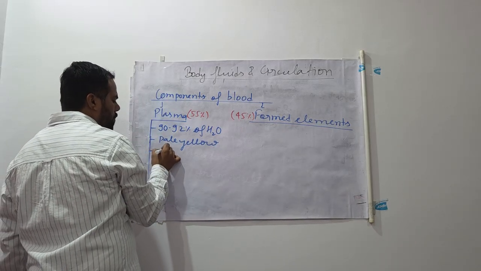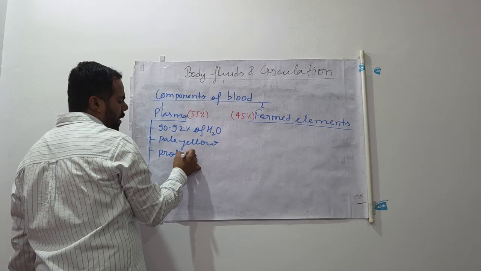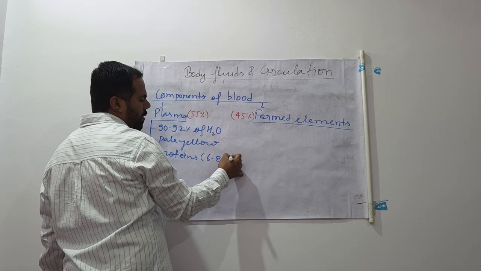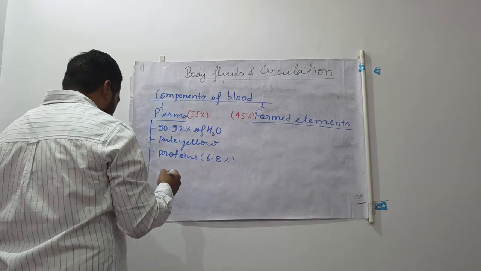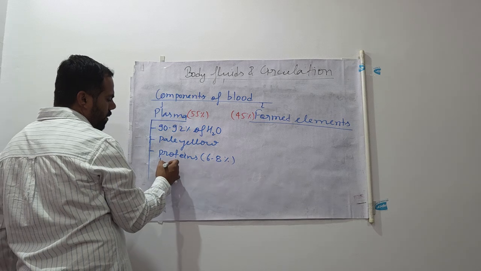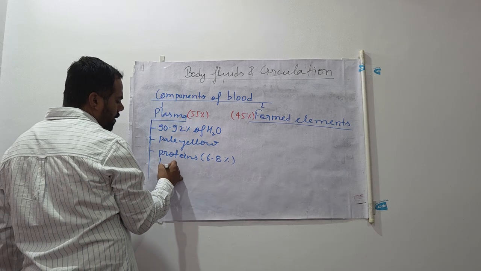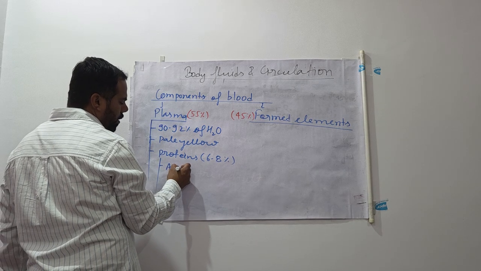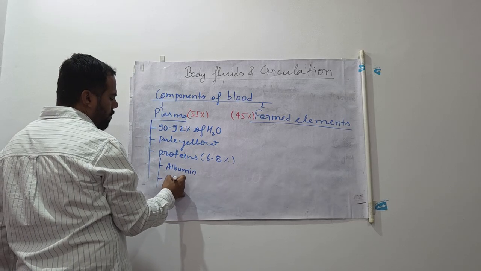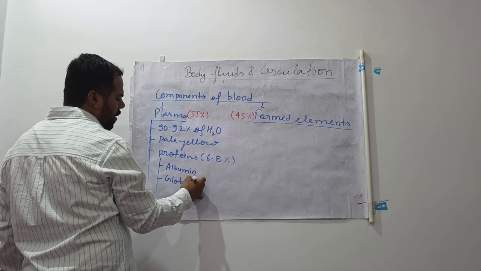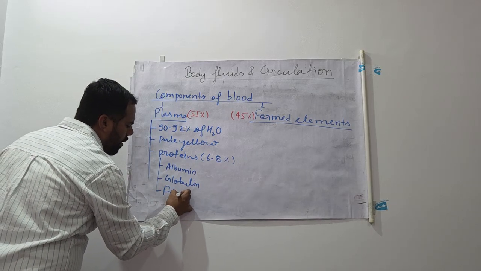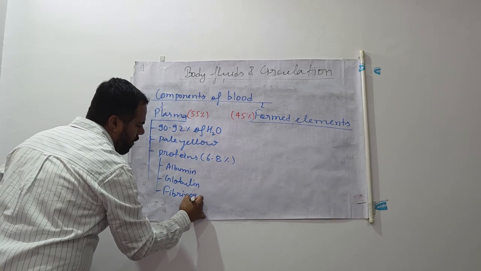It contains proteins, 6 to 8%. And the proteins are albumin, globulin, and fibrinogen.